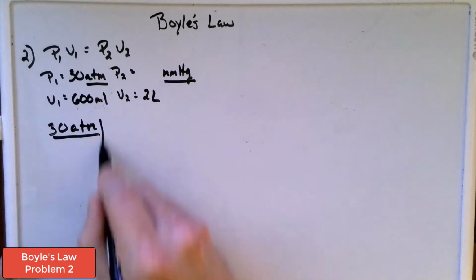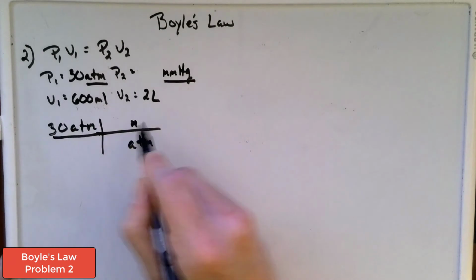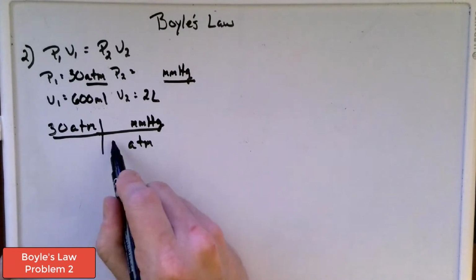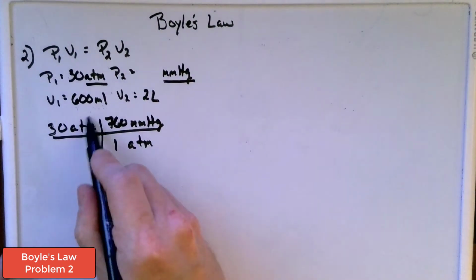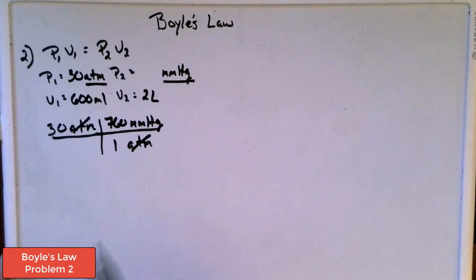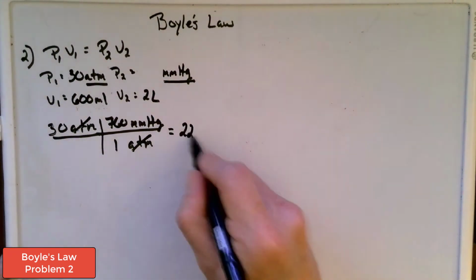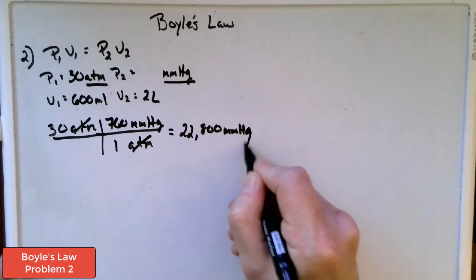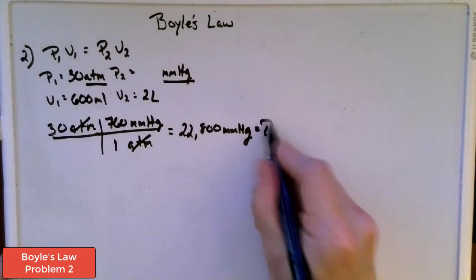So we take our 30 atmospheres, and I cancel atmospheres, and I convert to millimeters of mercury. I know the conversion from last week is 1 atmosphere is 760 millimeters of mercury. Cancel atmospheres, quick multiplication, results in 22,800 millimeters of mercury as our new pressure 1.